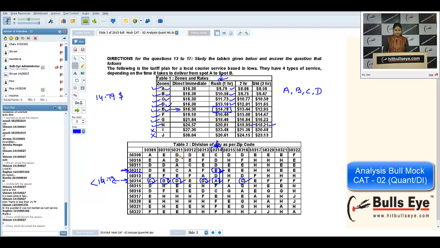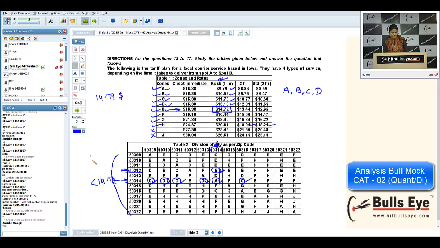Are you getting me, Amisha? Okay. So I will count all the A's, B's, C's, D's, and so on up to H's. It's better if we go by the vice versa case. See, there are 12 columns. So how many total things are there? There are 144. But we cannot consider I and J because in these two cases, cost is more than $20.